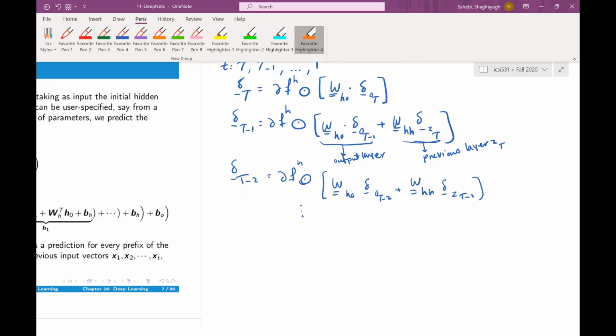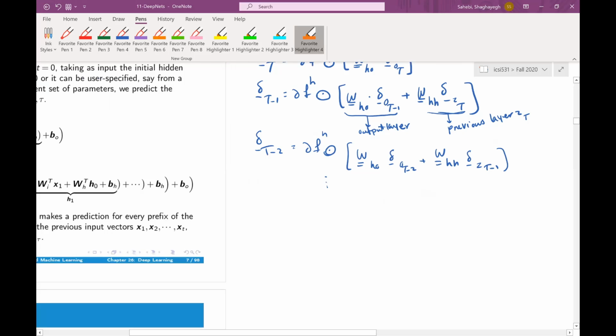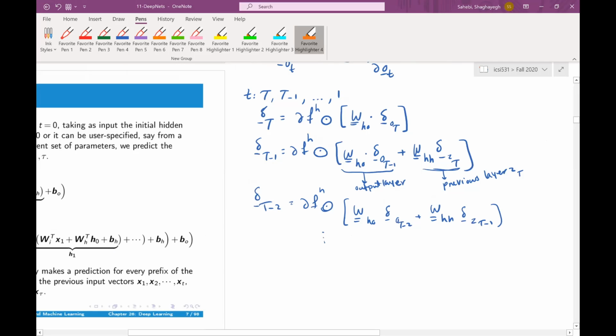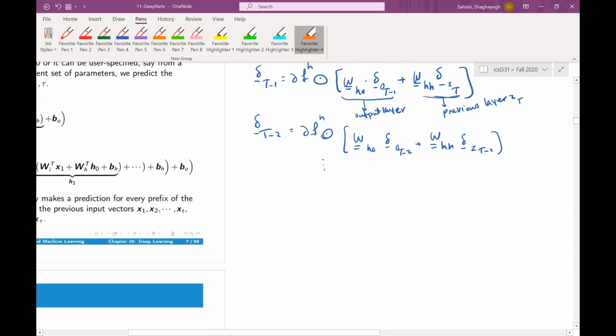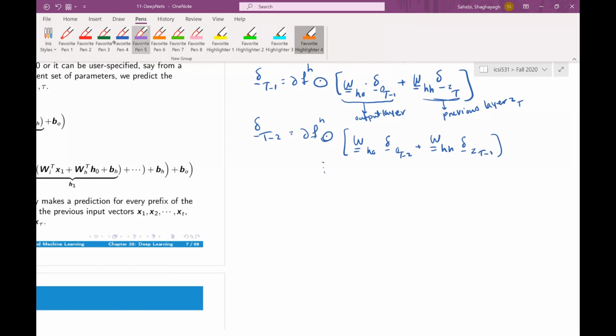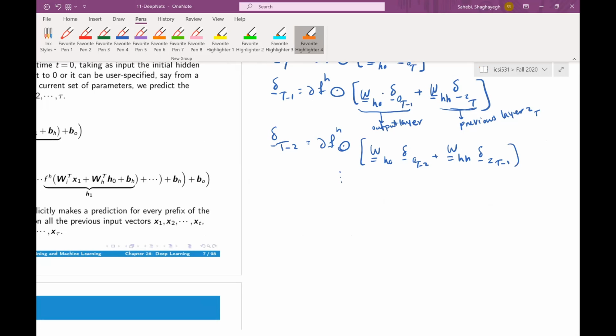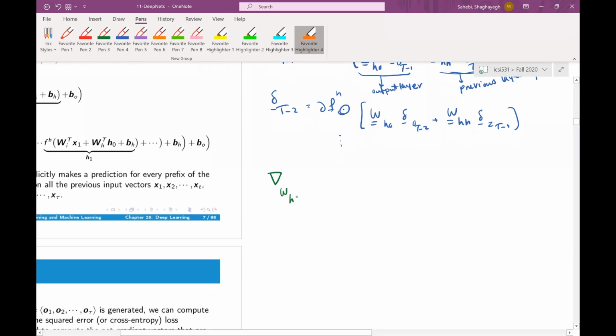Now, okay, we have calculated the net gradients. Now we have to calculate the gradients of the parameters themselves, right? Everything that we are doing is to be able to take the gradient with respect to, for example, W_HH, to be able to update the values of W_HH, right? What is that? That is the derivative of epsilon, or the error, with respect to W_HH.